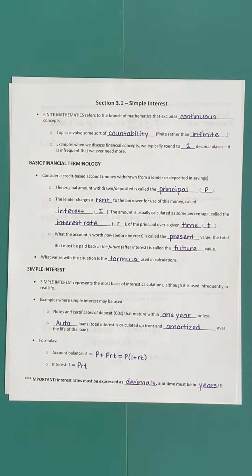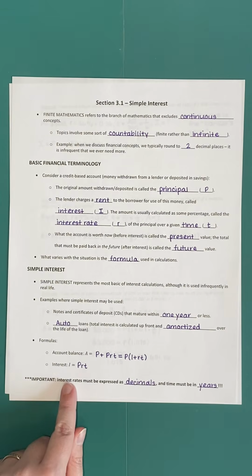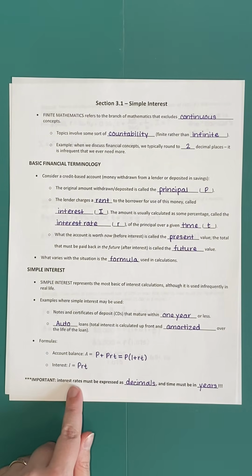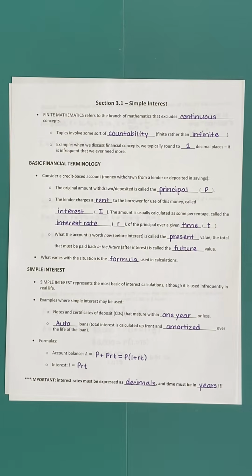Now, a couple things are going to be important from a practical standpoint once we start putting numbers into these formulas and once we start doing calculations. Our interest rates, in other words, the value for R, will typically be given as a percentage. So if you're not told otherwise, you can assume your interest rate is an annual percentage. It's the percentage applied over the course of the whole year.